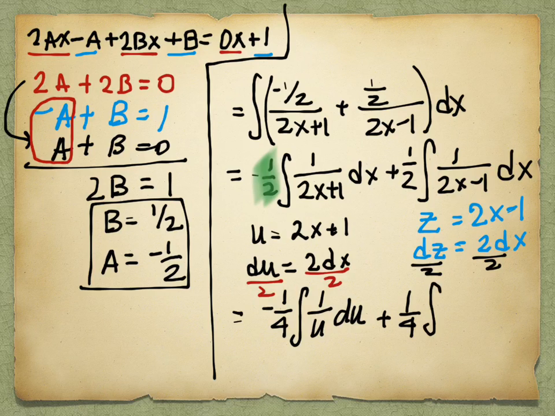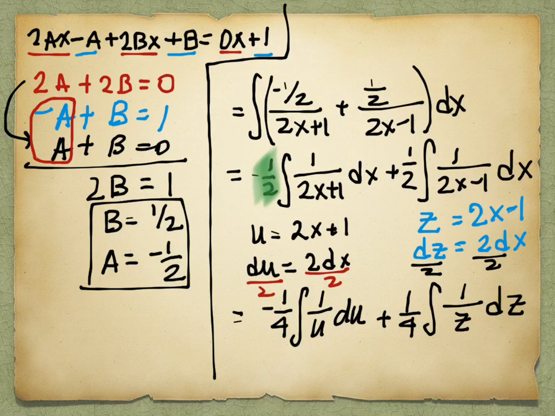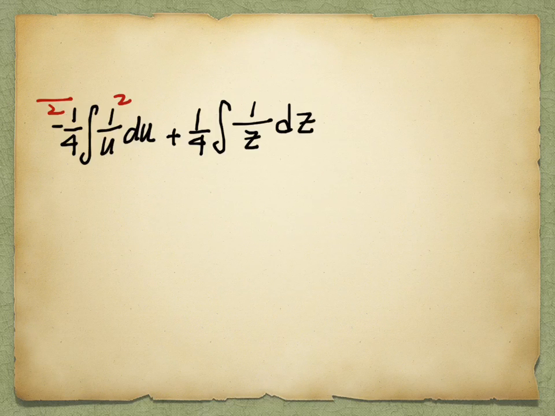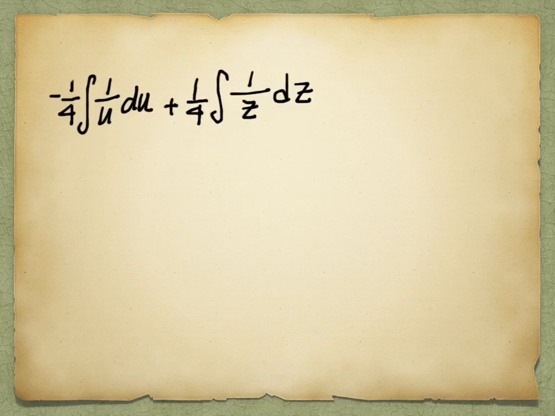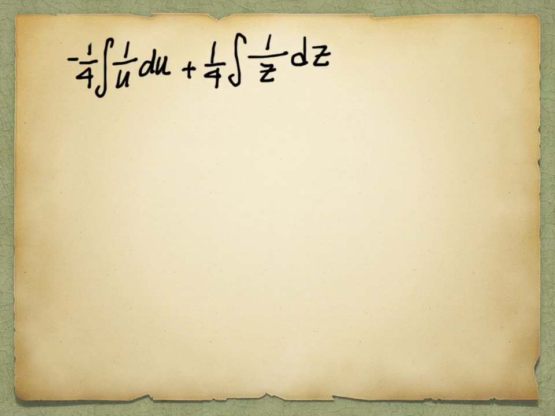The integral then is 1 over z, or whatever letter you chose, dz. All right, now you're ready to integrate.